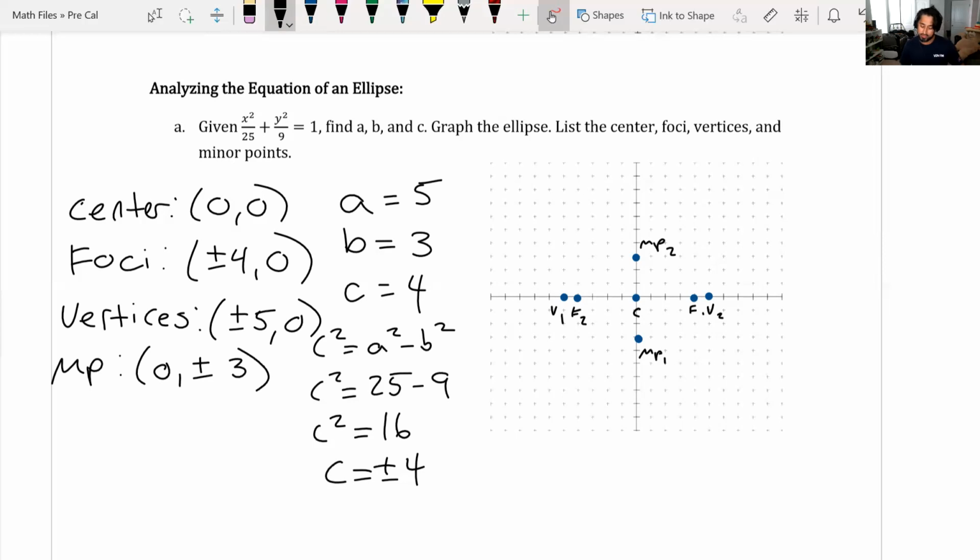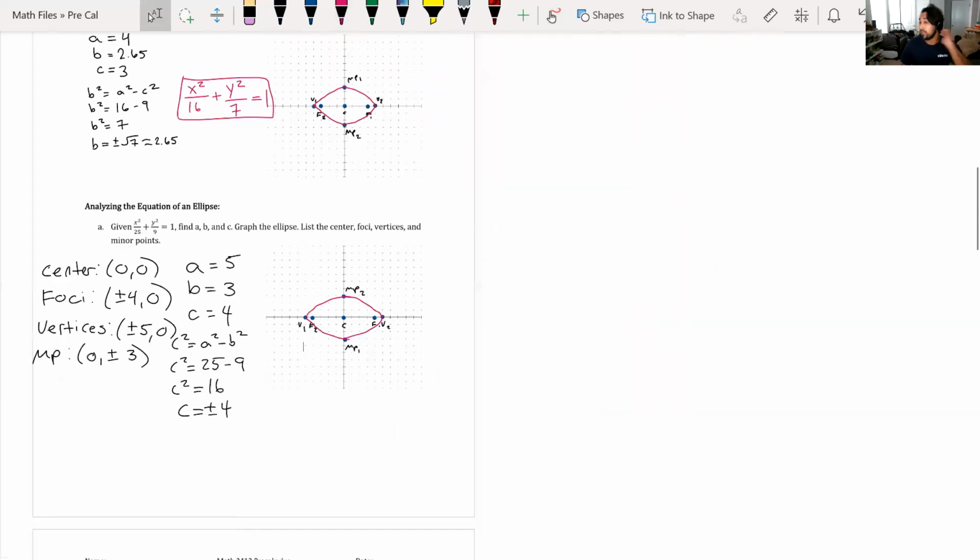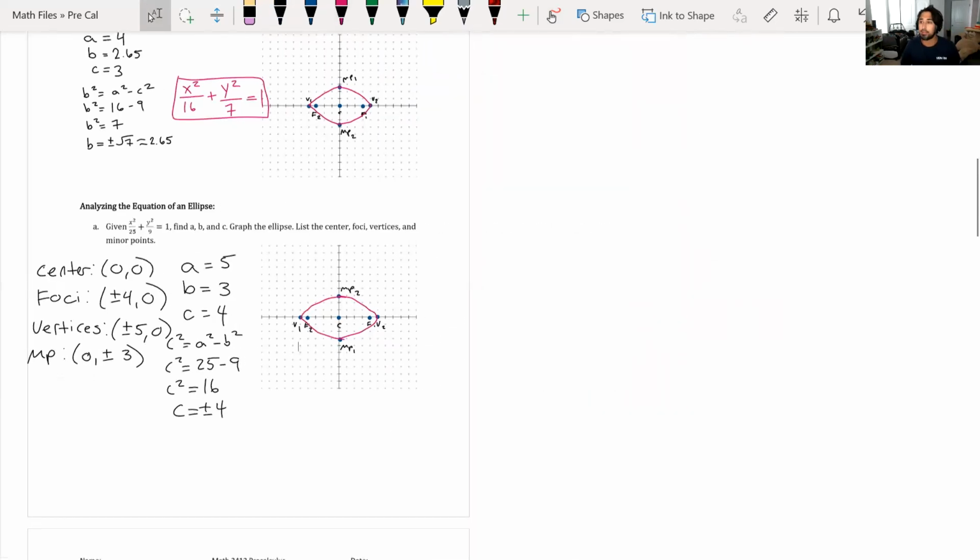All right. We have center, foci, vertices, minor points, and now all we have to do is graph. Connect minor points to vertices, and we're done. My ugly ellipses. Deal with them. Okay, perfect. So those two examples were ellipses with the center at the origin and the major axis being the x-axis.